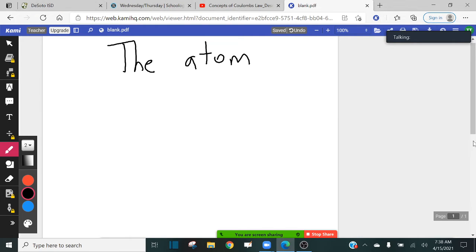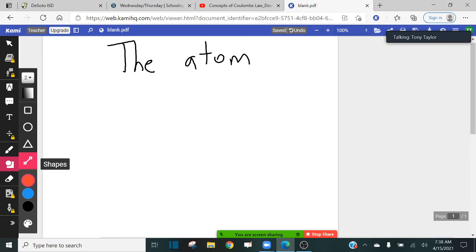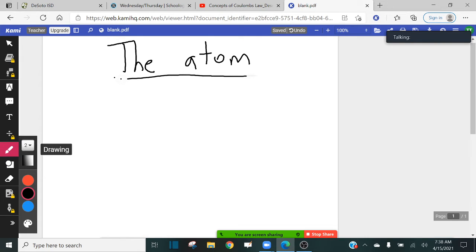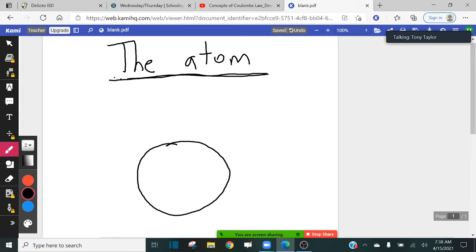okay, many of you may remember that the atom looks something like this. At the very center of our atom, we have our nucleus, right? And the nucleus consists of two things.